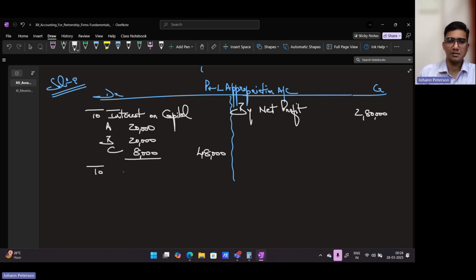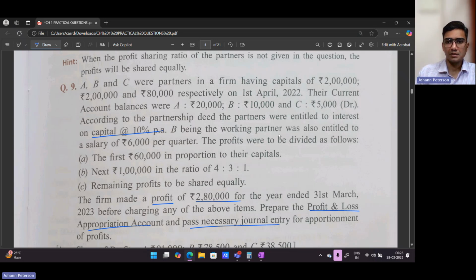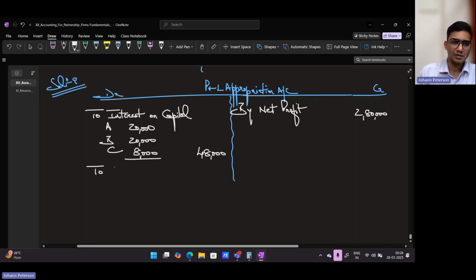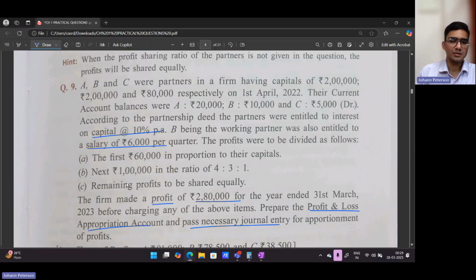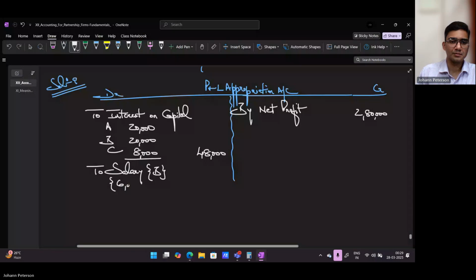What else? B being a working partner is entitled to a salary of 6,000 per quarter. Who is getting it? B is getting it. How much is he getting? 6,000 per quarter. And how many quarters are there? There are 4 quarters.